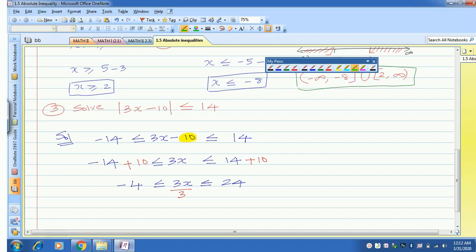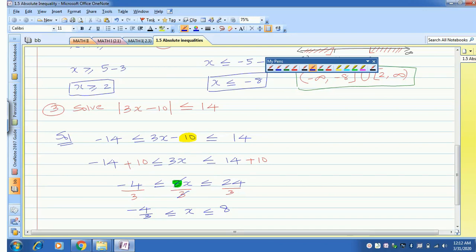Since you have 3x, I need only x. Whatever the number is, you just divide the entire inequality by that number. So the final answer is minus 4 over 3 less than or equal to x, and here it cancels, so you get x less than or equal to 8.